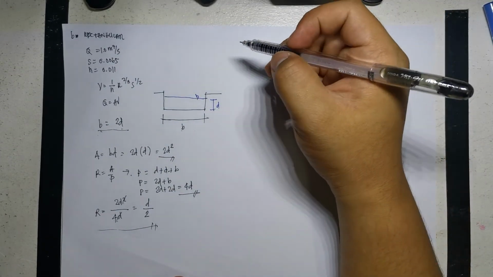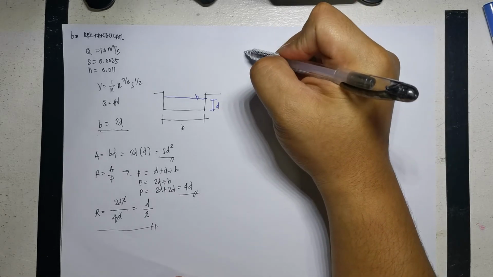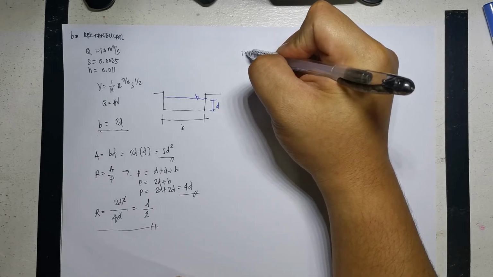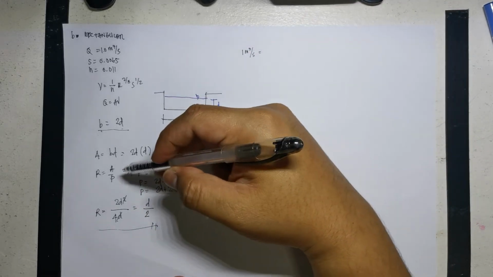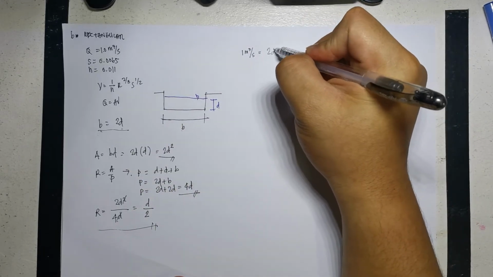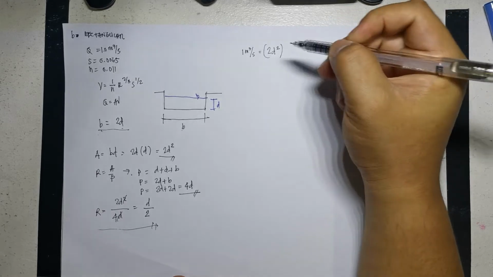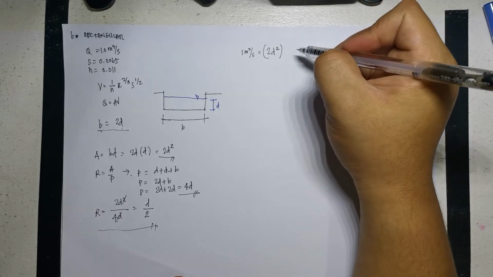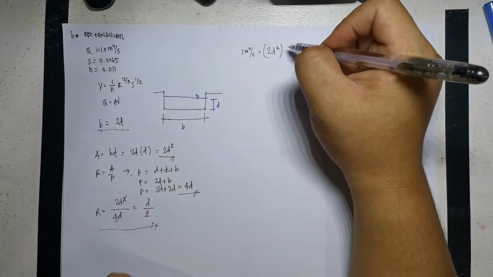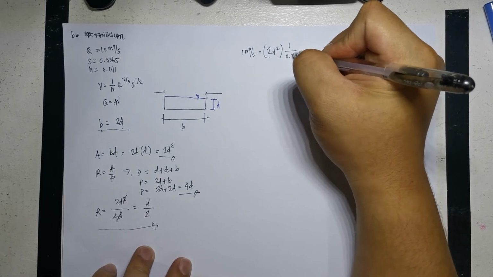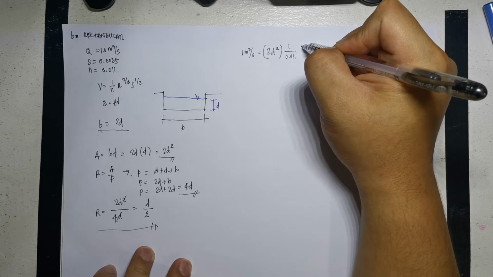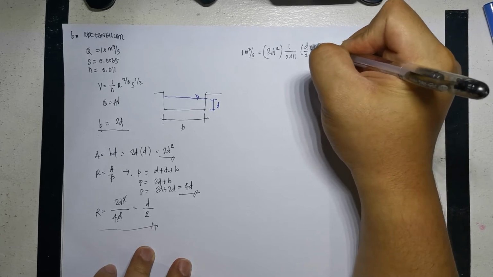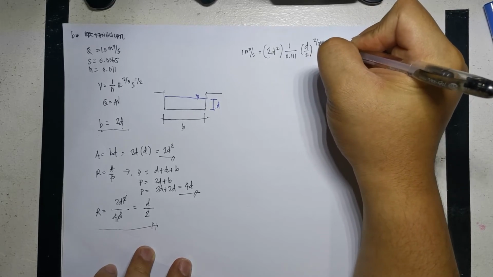So alam natin that Q is 1 cubic meter per second. Gamitin na natin si area as 2D squared. Tapos yung ating V is 1 over N, 0.011. R is D over 2 raised to 2/3.